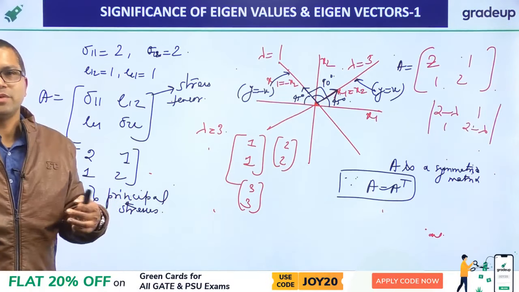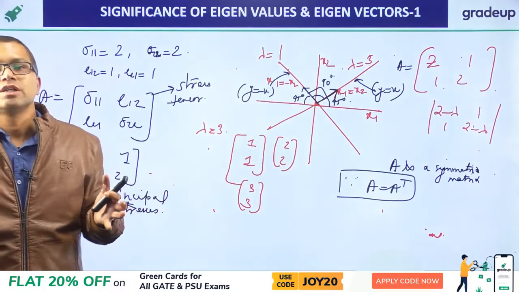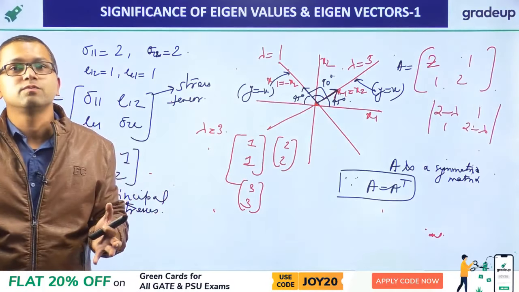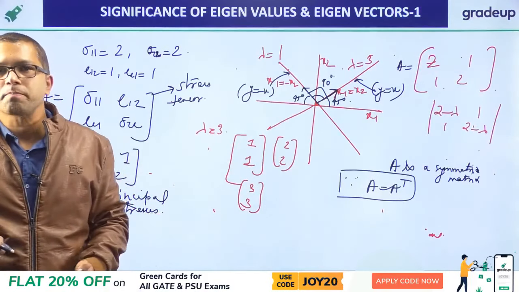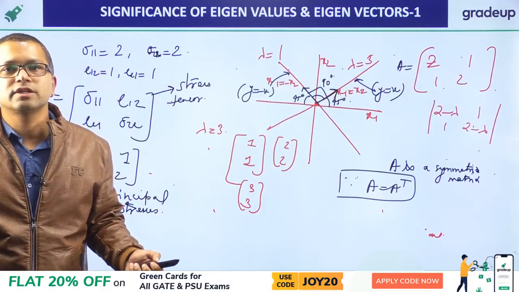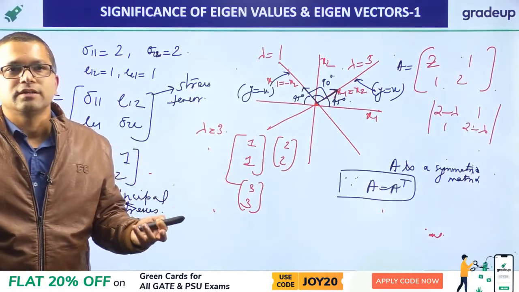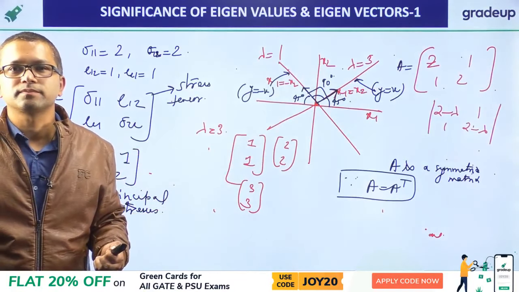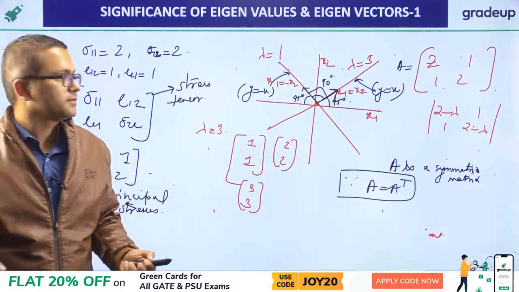There are so many applications of eigenvalues, but for you guys this is the most prominent one. So in strength of material, if you get such a question, please straight away go and find the principal stresses.